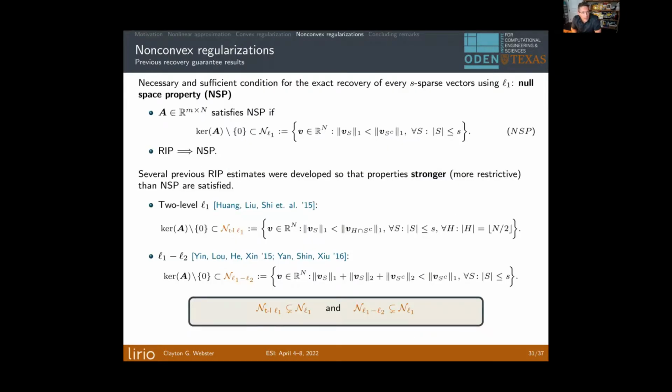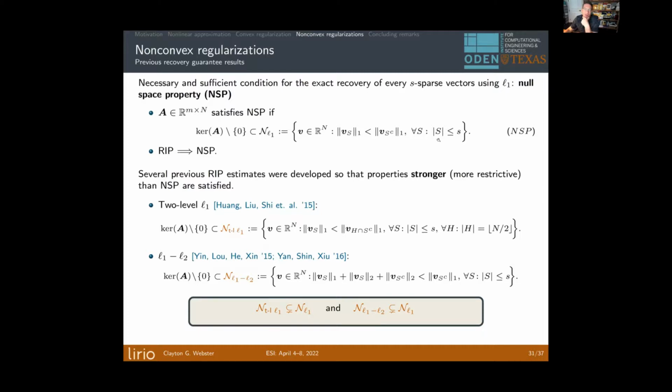As I pointed out, the necessary and sufficient condition for reconstruction of every S-sparse vector when I use L1 is the null space property. If I have a matrix that satisfies the null space property, then the kernel can be contained in what I'll call this NL1 set, which is nothing more than the L1 bound of a vector I call V_S being bounded by that of a vector in the complement.